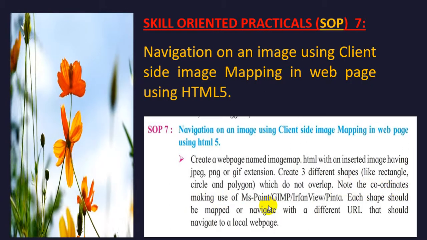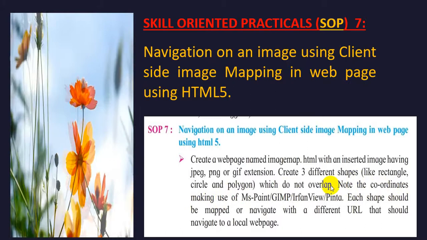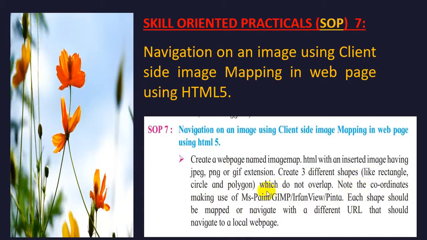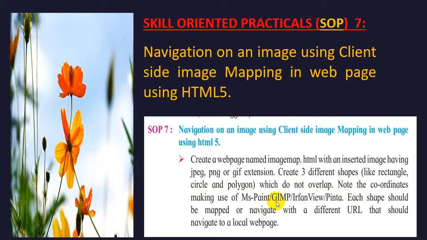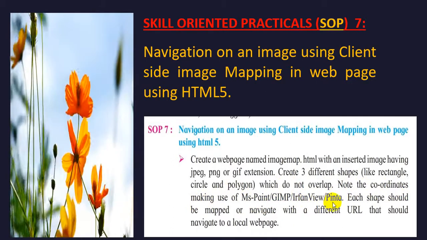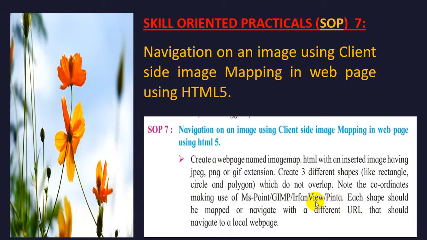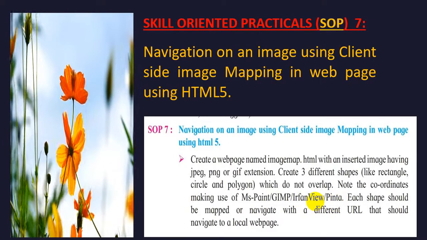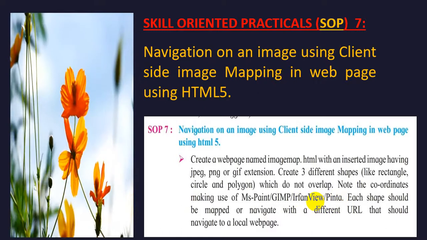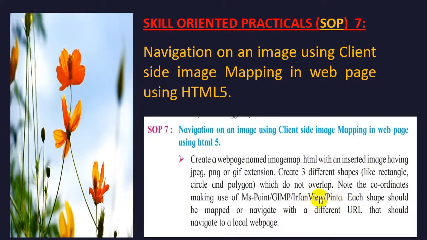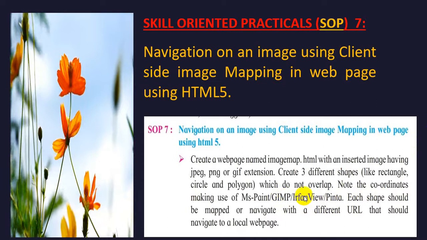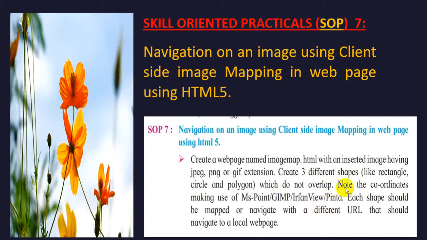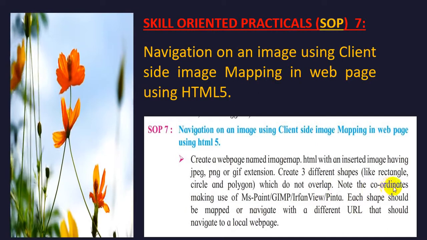Making use of MS Paint, Gmap, IrfanView, and Pinta, which are some of the applications or software used to create shapes and to note down or take coordinates. By using these applications, you can create different shapes and note down the different coordinates.